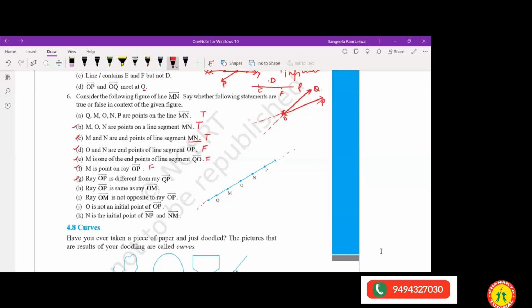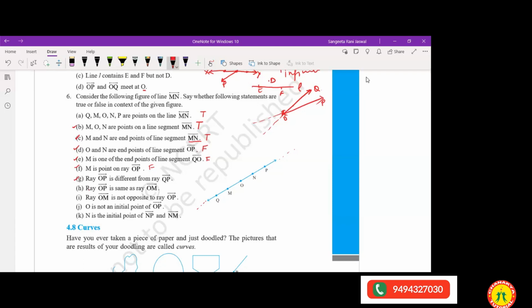One second. Ma'am, QP is a line. Yes. Which one? This is the G part. QP is a line. One second. Ray OP, where is ray OP? O to P. Okay, ray OP is different from ray QP.